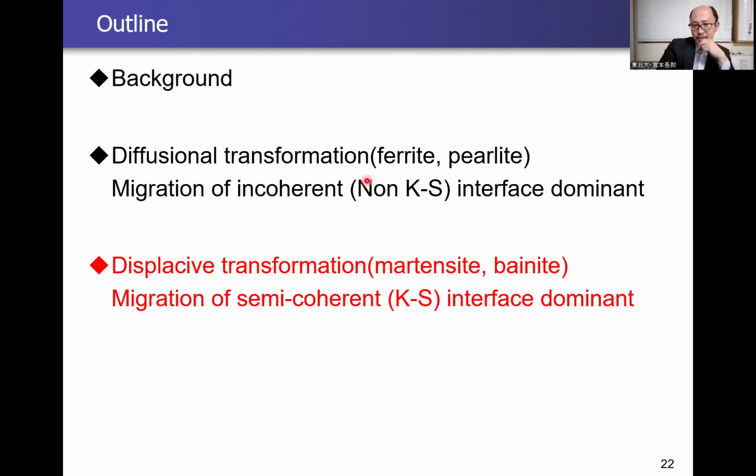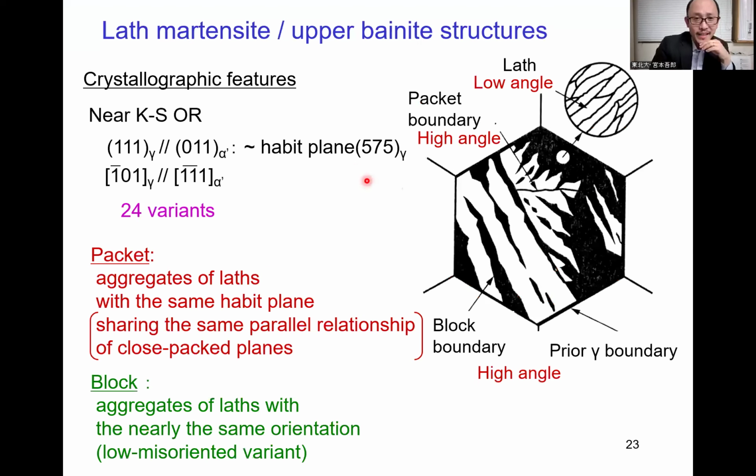So then in the second part, I also want to explain how the crystallography influences the microstructure, martensite and bainite. So lath martensite and upper bainite structures are important to produce high strength steels. And in this case, martensite or bainite, of course, satisfy the K-S orientation relationship.